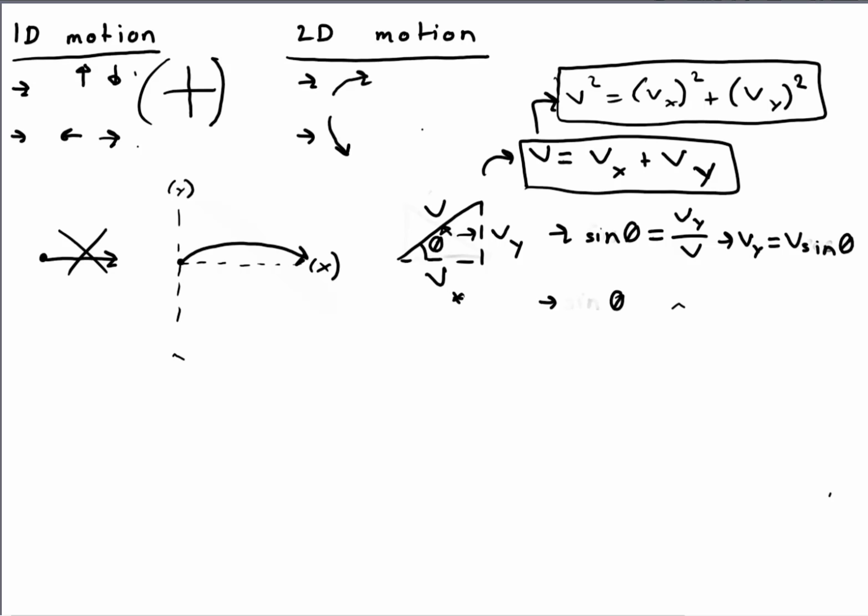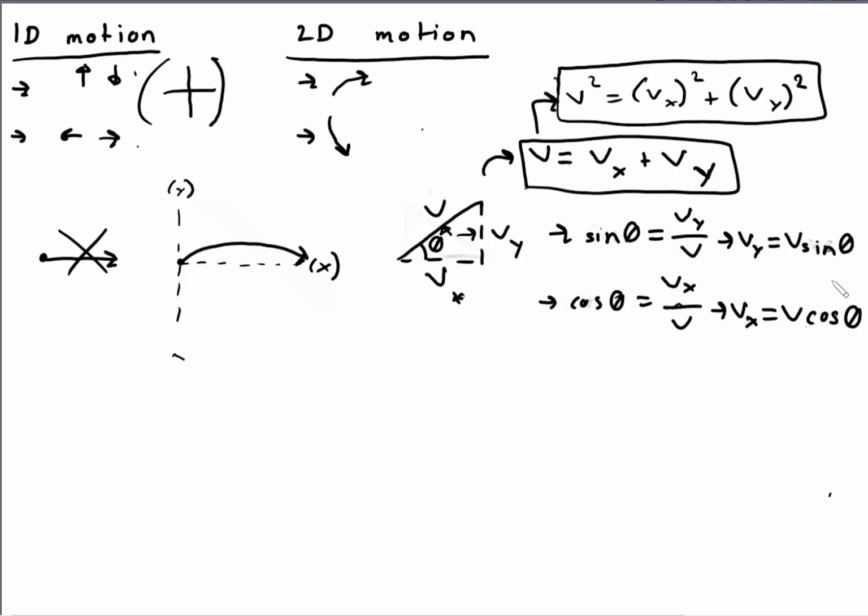Cosine is adjacent over hypotenuse, which gets us v sub x over v, or v sub x is equal to v cosine theta. These are a couple of basic relationships you will see in two-dimensional motion.